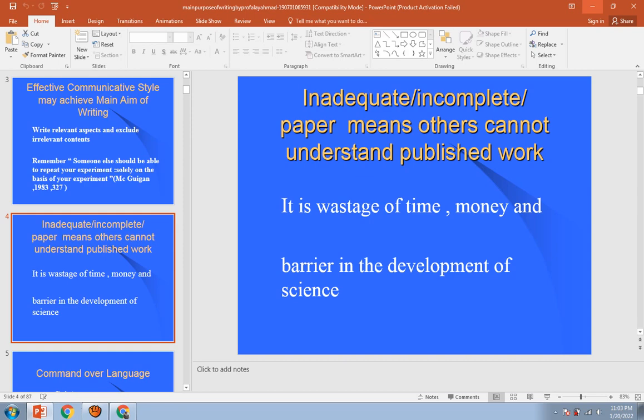Now I am speaking, if you understand my few words, then it will be called an effective communicative style. It will not be a wastage of time and money, and there will be no barrier in the development of science. So the development of science is based upon complete research, complete conversation.